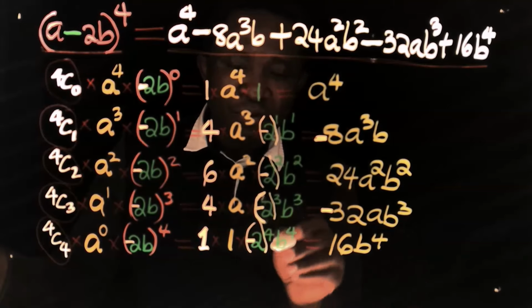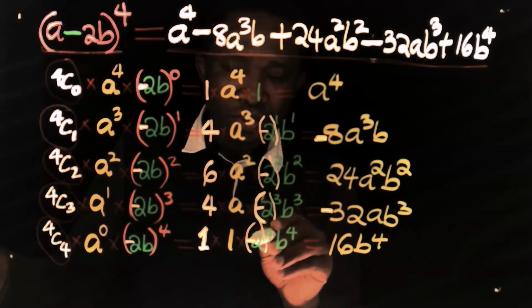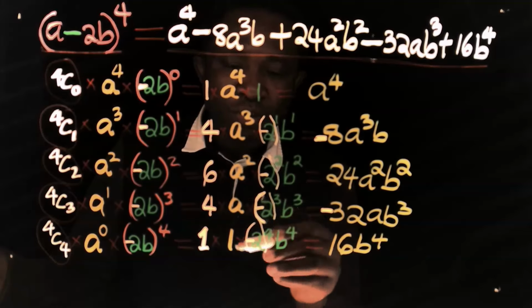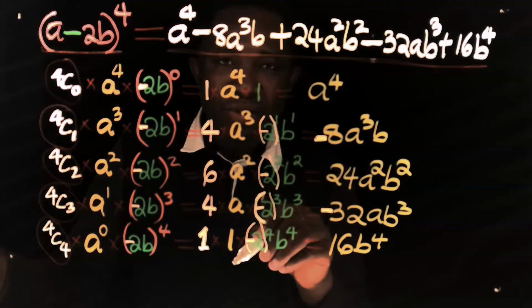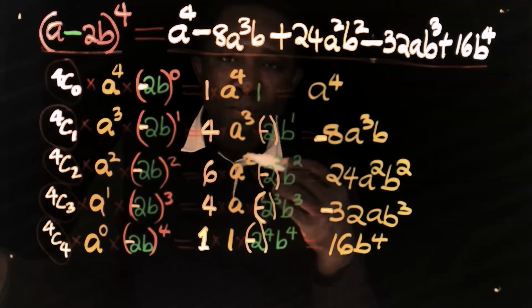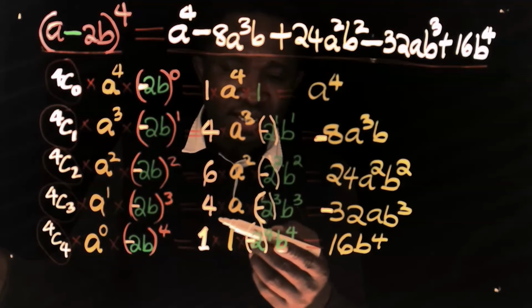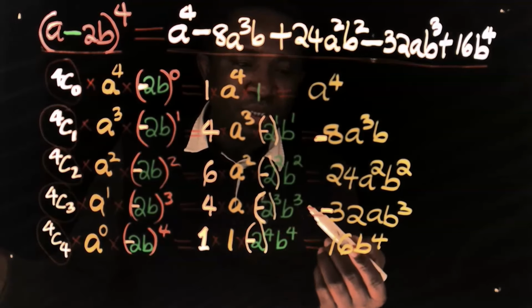This will give you minus 2 in 4 places. Minus 2 times minus 2 will give you 4. 4 multiply minus 2 will give you minus 8. And minus 8 multiply minus 2 will give you plus 16. And this is 16 multiply b to the power of 4, which is here.